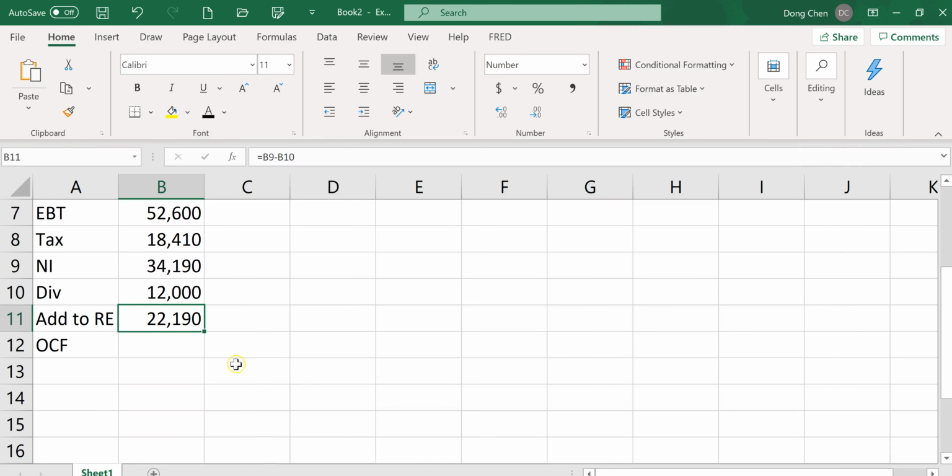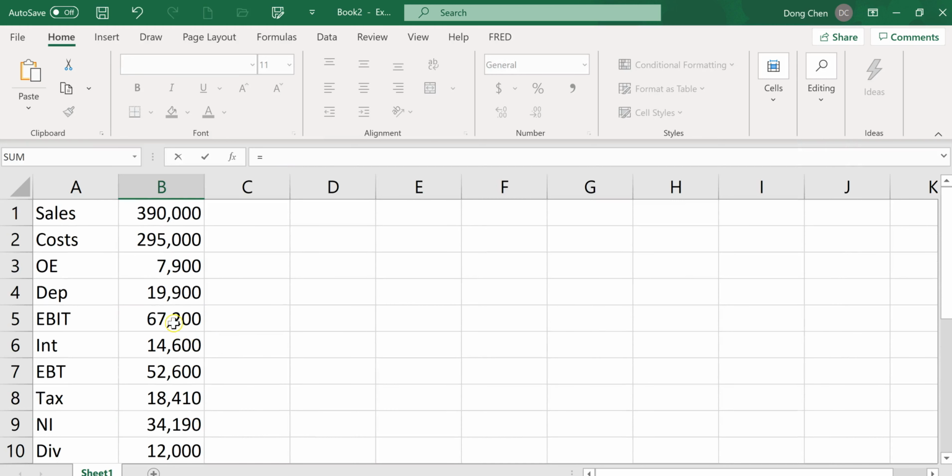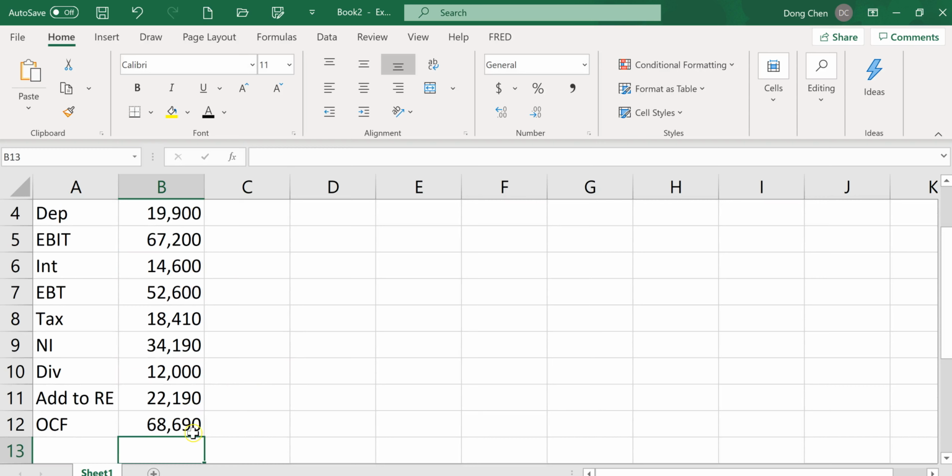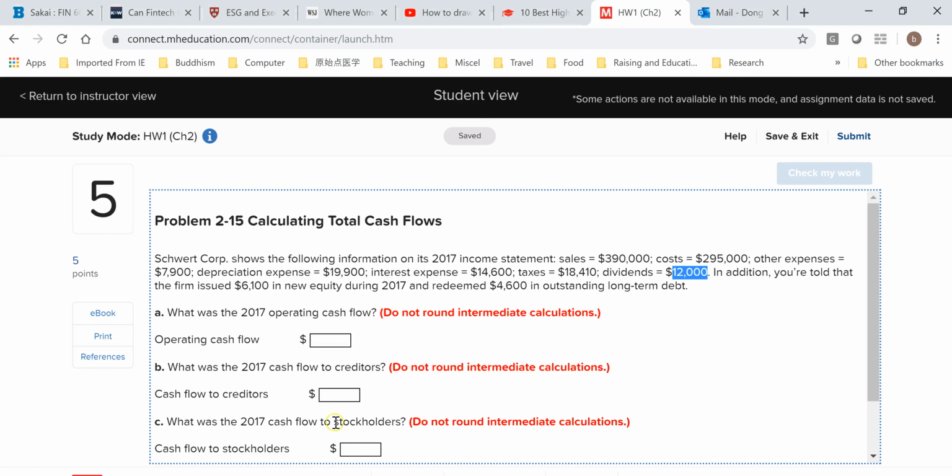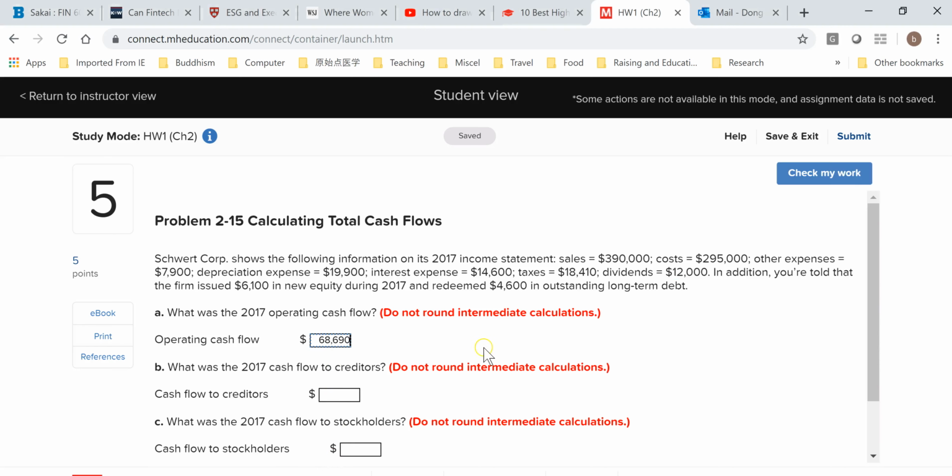So operating cash flow equals EBIT plus depreciation minus the taxes. So this is the answer to the first part, operating cash flow. It's right here. So let me copy that number back.